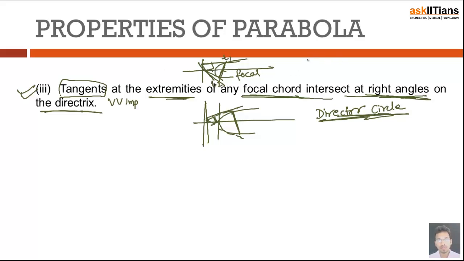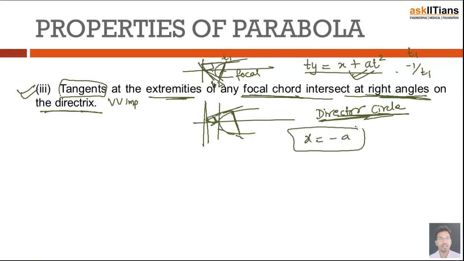If you remember the equation of the parabola in parametric form, you can just put t1 and -1 by t1, solve the two equations for x and y, and you will get the solution x equal to -a, independent of y, okay. So you can verify that the intersection will be on the directrix, and you can also verify the angle between the two tangents by using the slope.